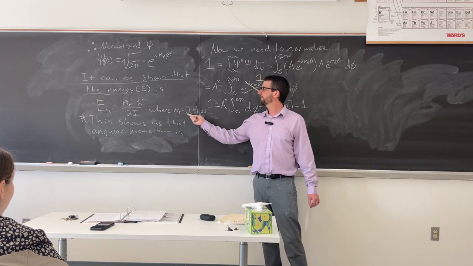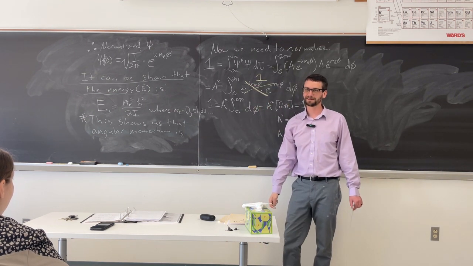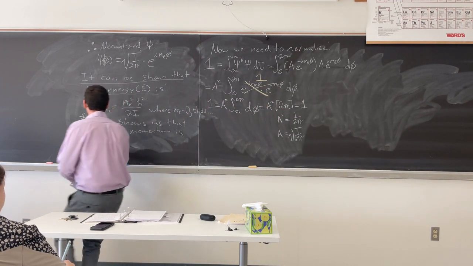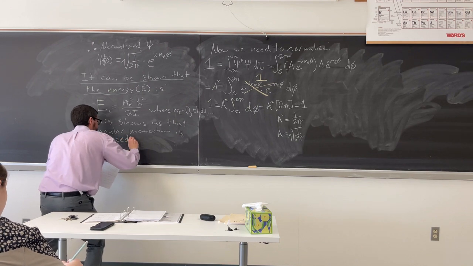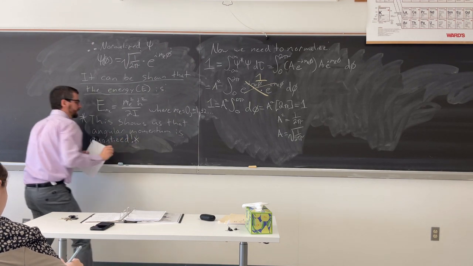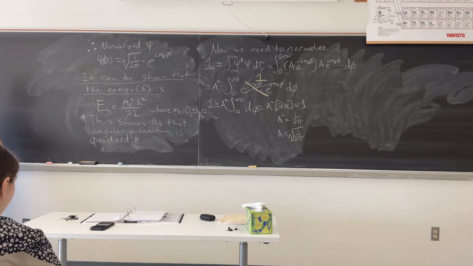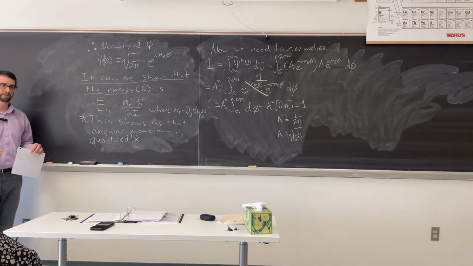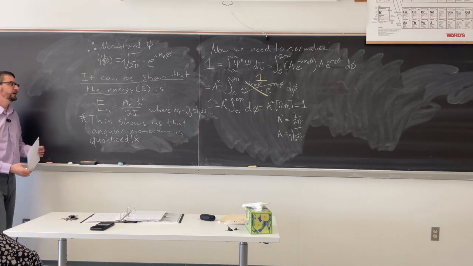When we can only have discrete values of m sub l and the rest of the things are constants, it's quantized. That's a big deal because does that happen in classical physics? No, it doesn't. So it's really, really strange.